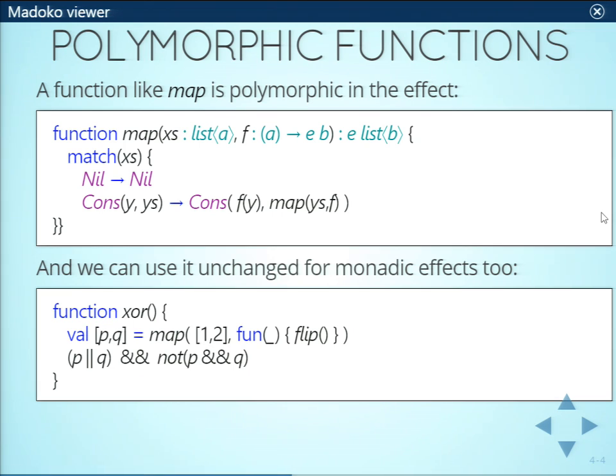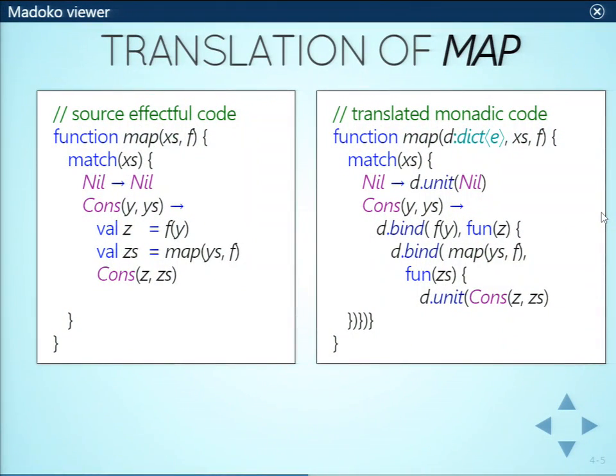And that all works because we have to pass evidence at runtime now, since a map function doesn't know how to bind your particular monadic effect. So the translation for those functions becomes quite a bit more complicated. If you give me a function that itself becomes monadic, with a user-defined effect, we have to pass in an extra argument, a dictionary, that gives the unit and bind functions, and call them at the right points.